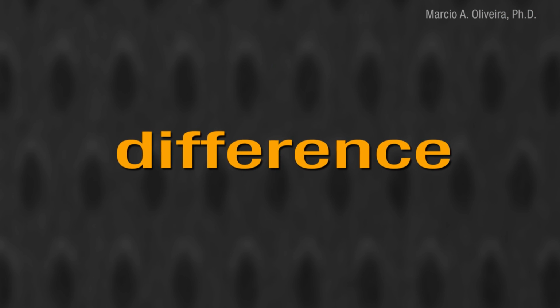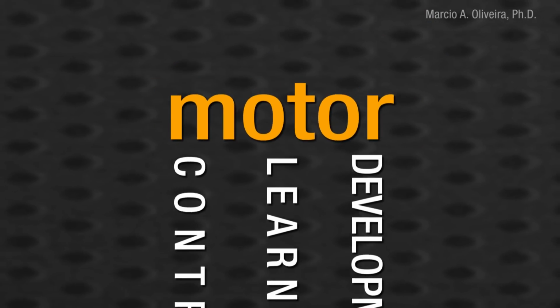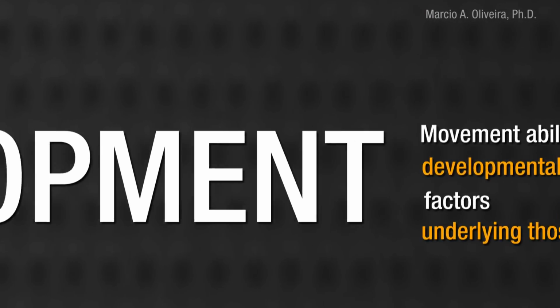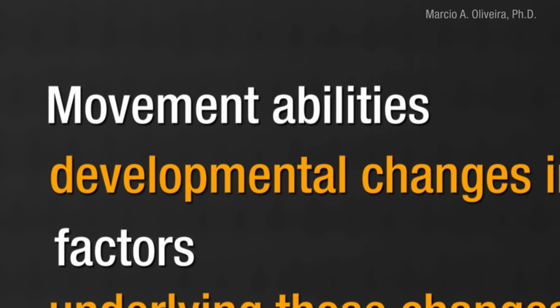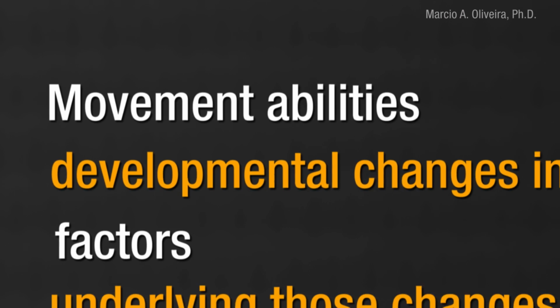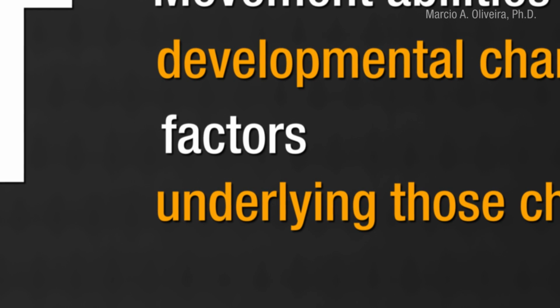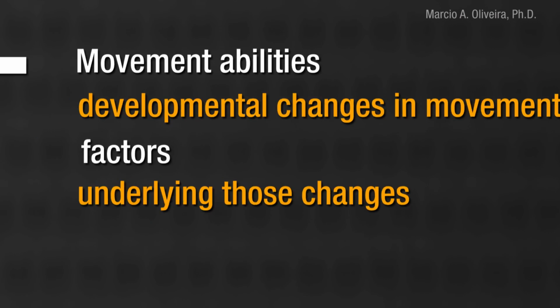The first difference that I want to explore are the nuances of motor development, learning, and control. The term motor development is used to refer to the development of movement abilities. Those who study motor development explore developmental changes in movements as well as the factors underlying those changes.